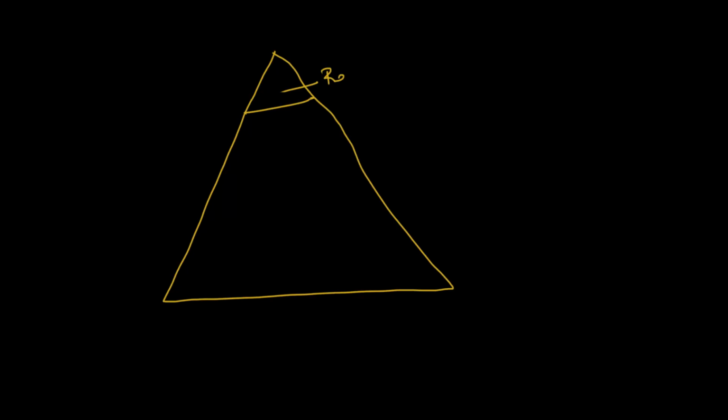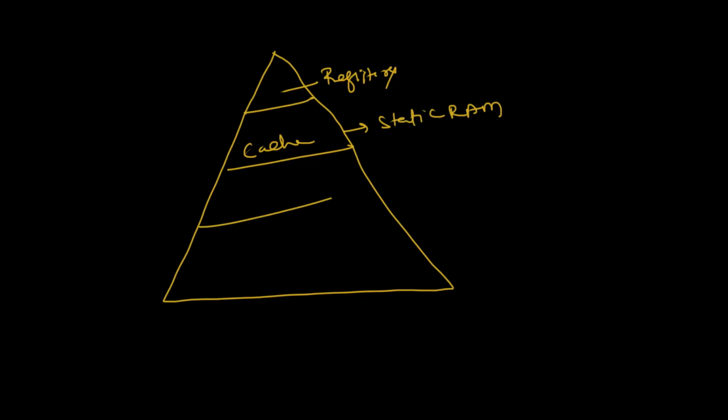Right? Let us draw a simple memory hierarchy in the computer. We know that the fastest memory in the computer is registers. Next one is cache memory. We can also call this a static RAM. Next, the third one is main memory, or called the RAM. It is called a dynamic RAM.